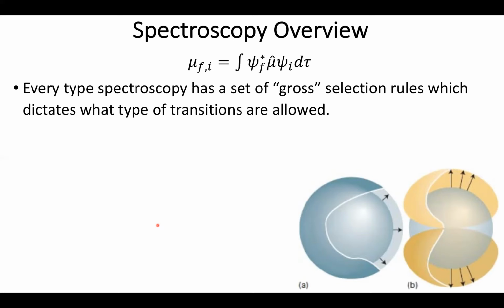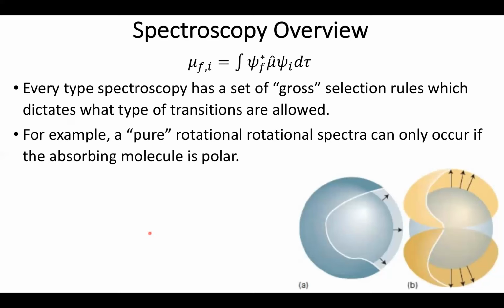So we're going to have a different rule for rotational, vibrational, and electronic spectroscopy. So for example, if I've got a pure rotational spectra, so this means I'm only exciting the rotational energy levels, keeping vibrational and translational constant, it turns out the only way I can excite the molecule is if it's polar.